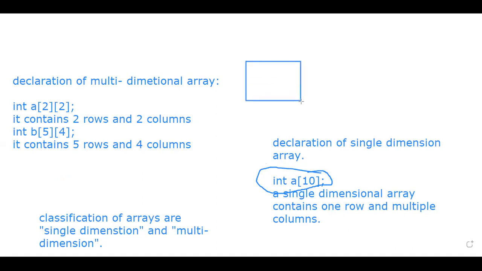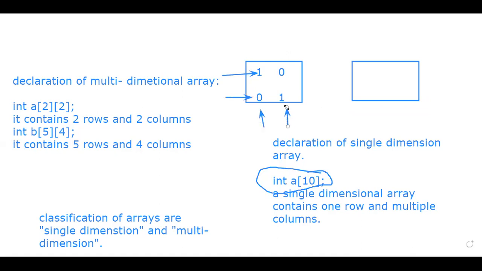Let us suppose this is one array, with 1, 0, 0, 1. When you see this, what can we understand? This is a matrix. This matrix contains two rows and two columns.